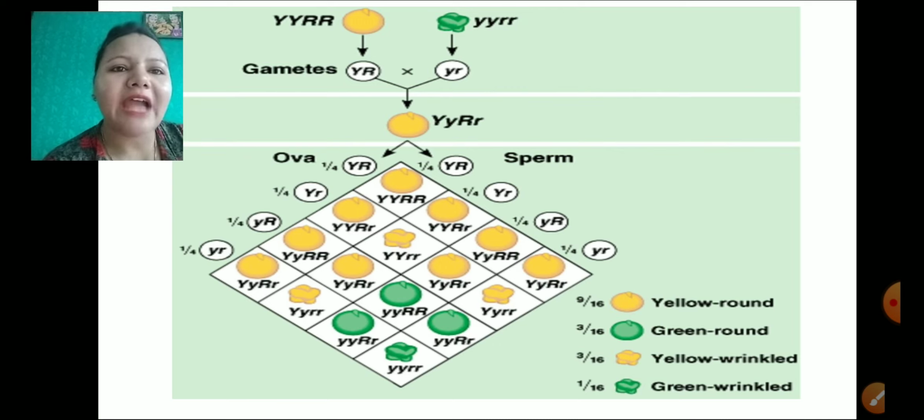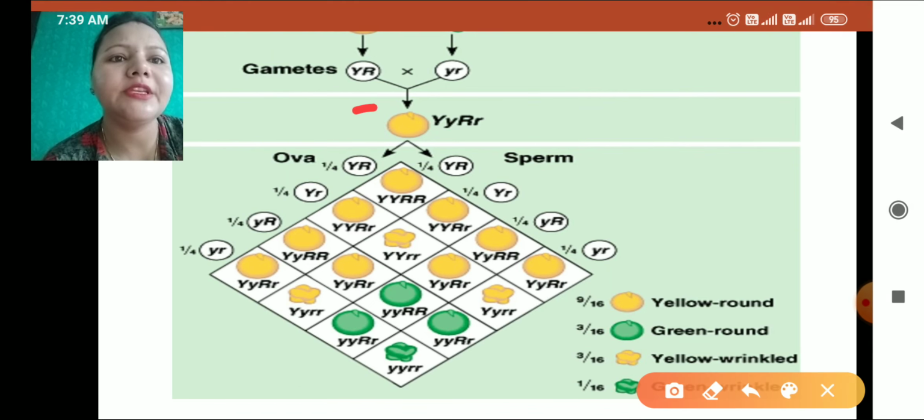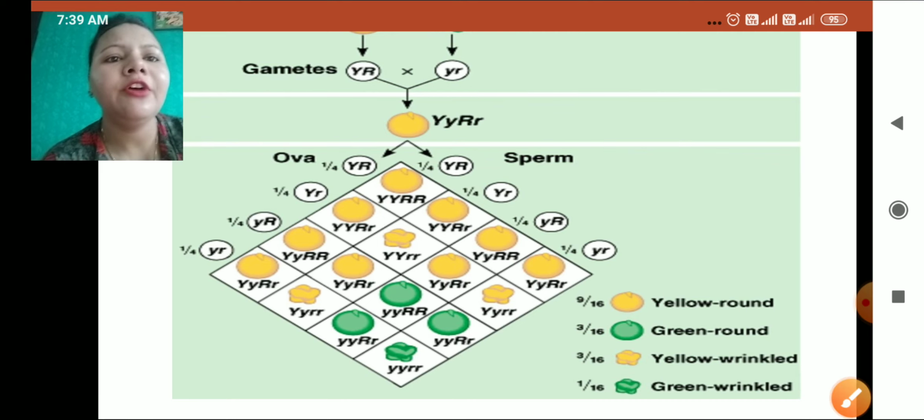From these two plants we have yellow round gametes and wrinkled green gametes, represented by capital Y, capital Y, capital R, capital R, and small y, small y, small r, small r. The gametes produced are capital YR and small yr. So these are the gametes that are produced here.